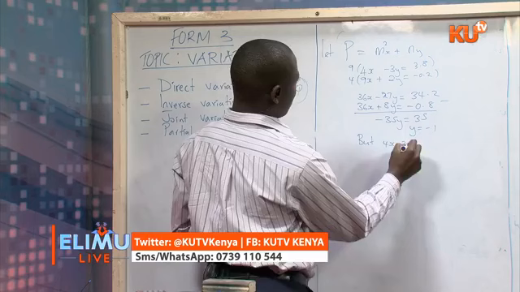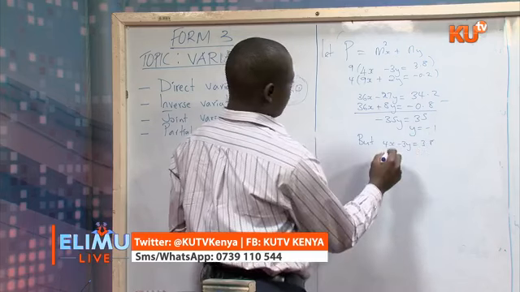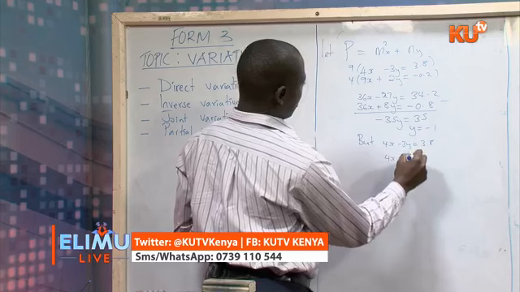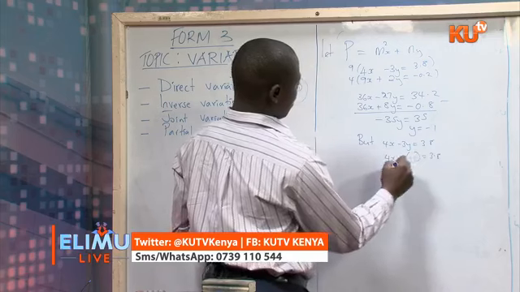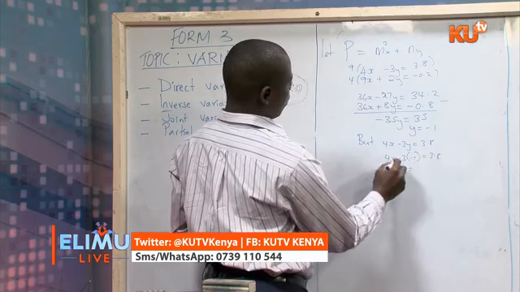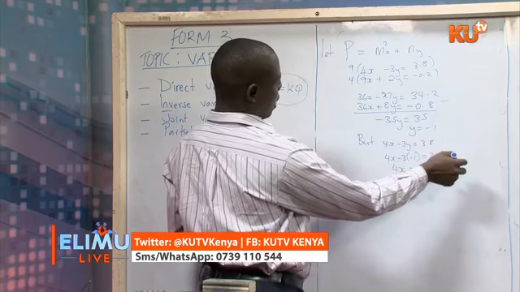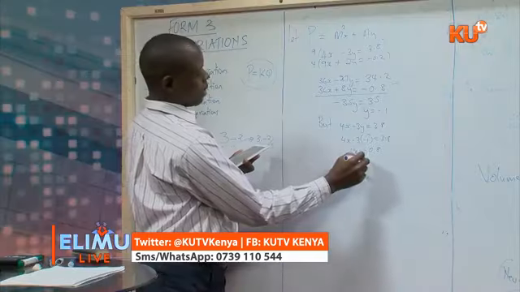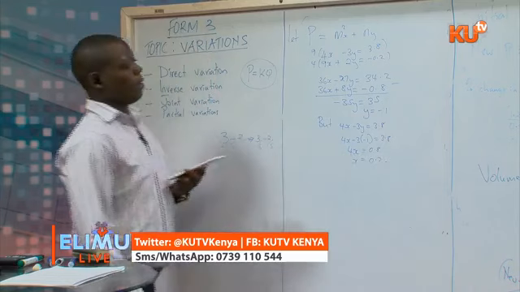But 4x less 3y is 3.8. So we have 4x less 3 into negative 1 is 3.8, implying that 4x is equal to 3.8, this is positive 3 to the other side, it's less. So we have 0.8, implying x is 0.2.